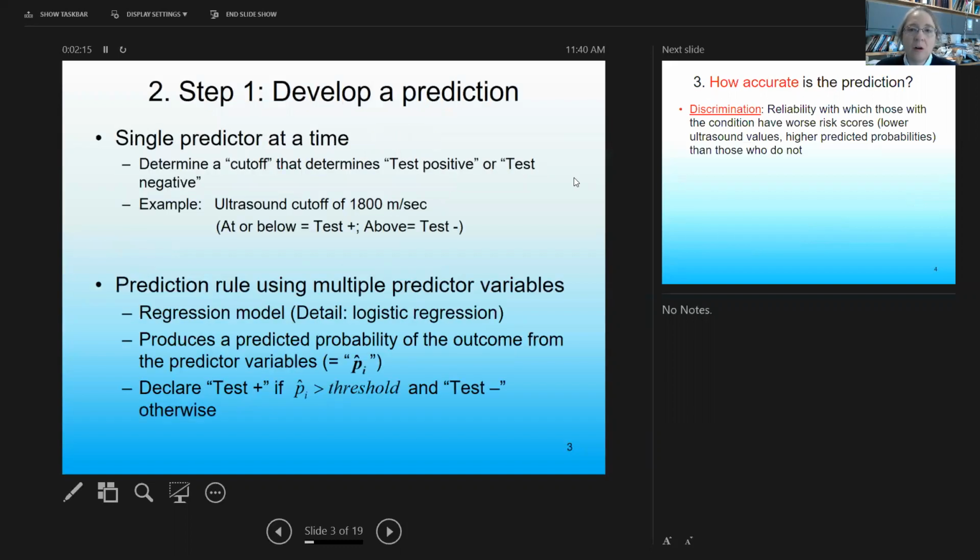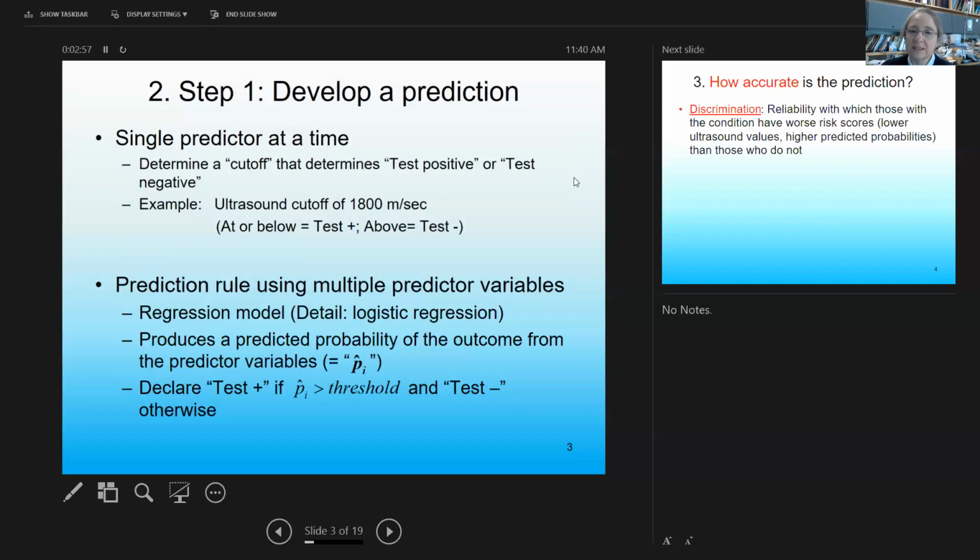So let's think through how we would develop a prediction and then evaluate how well that prediction works in a situation like this with a binary outcome, having osteoporosis or not. One could consider a single predictor at a time, say ultrasound only, and for ultrasound values, determine a cutoff above which one would test negative, higher values are better, and below that cutoff, lower values are worse, declare that the person has tested positive for osteoporosis.